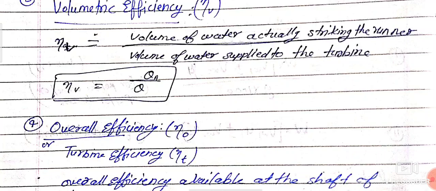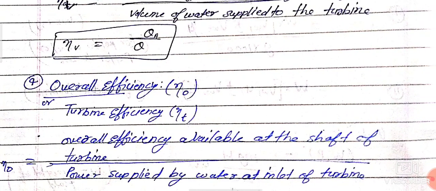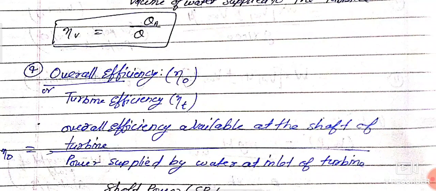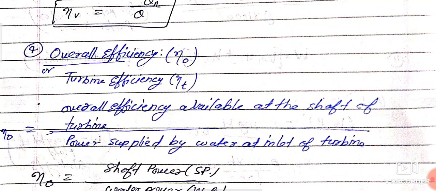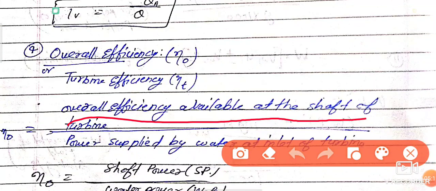The next type of efficiency is overall efficiency. Overall efficiency can also be called turbine efficiency. Overall efficiency is the power available at the shaft of turbine upon the power supplied by water at inlet of turbine.